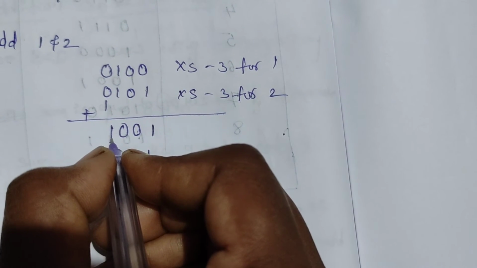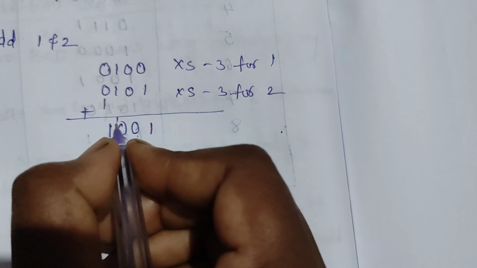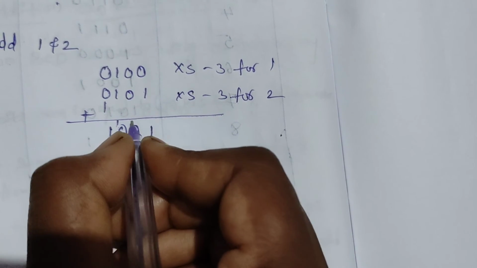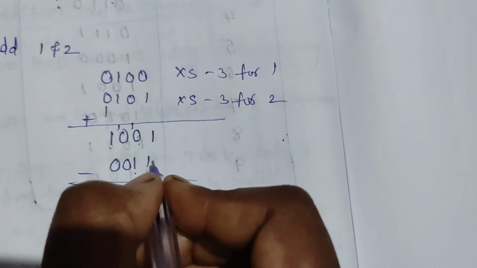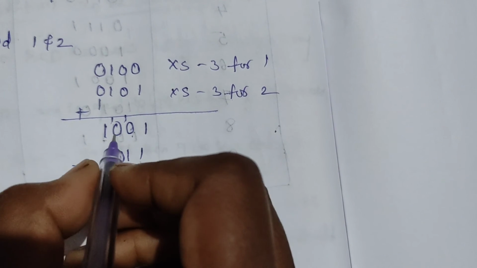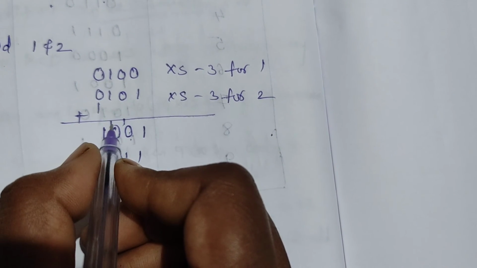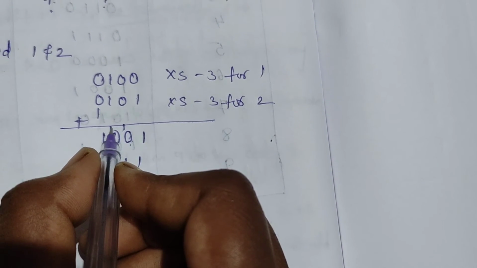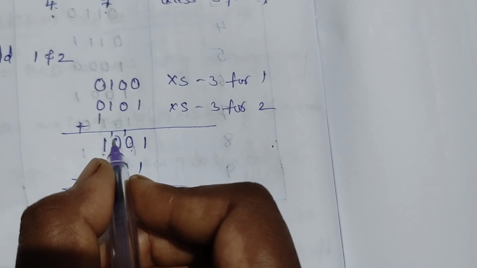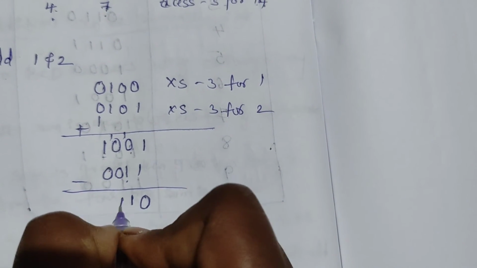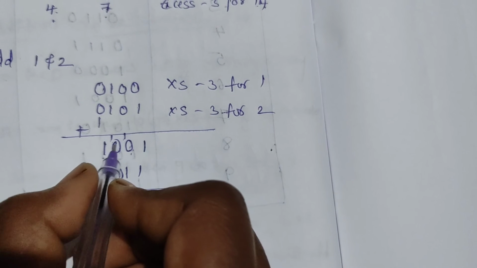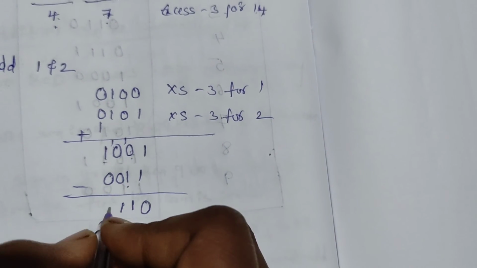From here we get 10. From here we will take again one more borrow, 1, and here also a value will be there. So 1 minus 0 is 1, and this is where we have taken the borrow. So here there is no value.